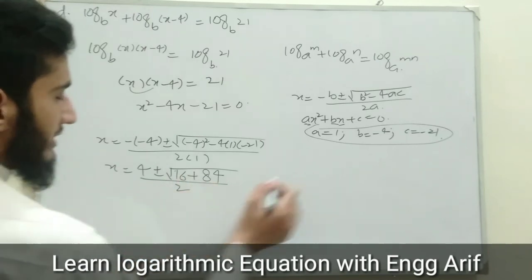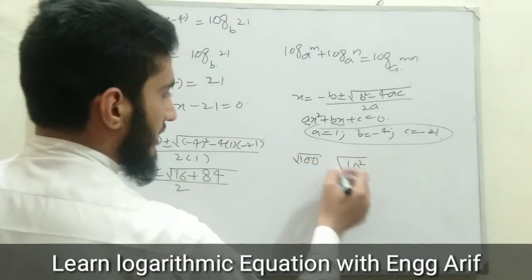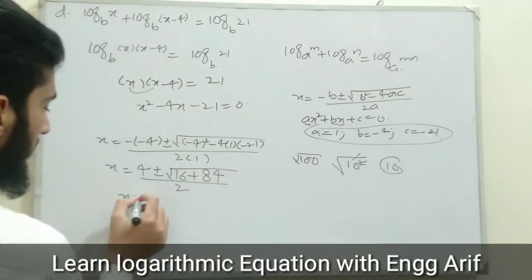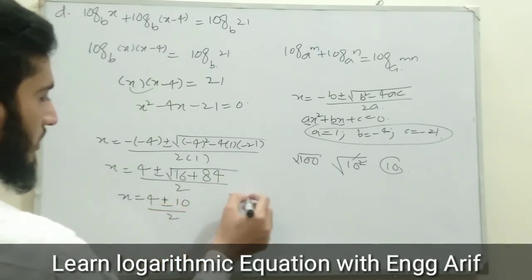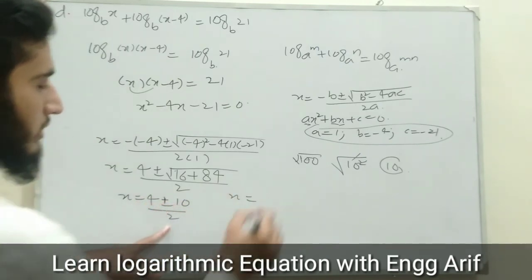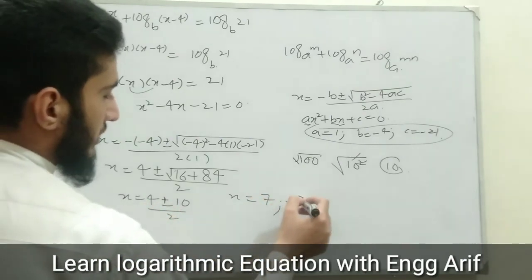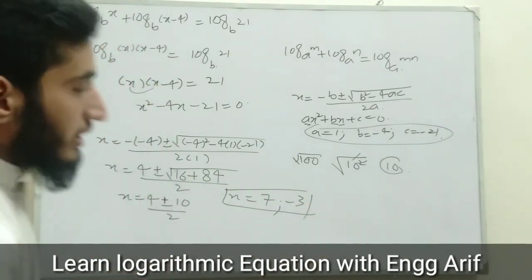So 16 plus 84 gives us under root of 100. Under root 100 can be written as under root 10 square, which cancels out with under root, so we are left with 10. So the value of x is equal to 4 plus minus 10 divided by 2. So the value of x will be 4 plus 10, 14 by 2 gives us 7. 4 minus 10 is minus 6, and minus 6 by 2 gives us minus 3. So the values of x are 7 and minus 3 for the given logarithmic equation.